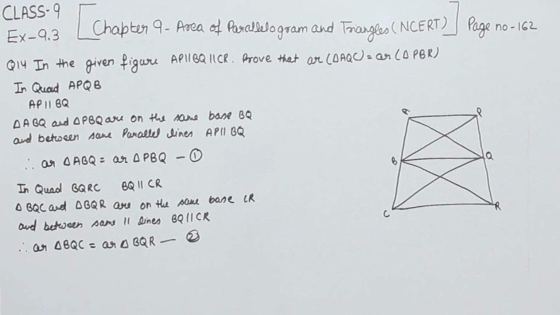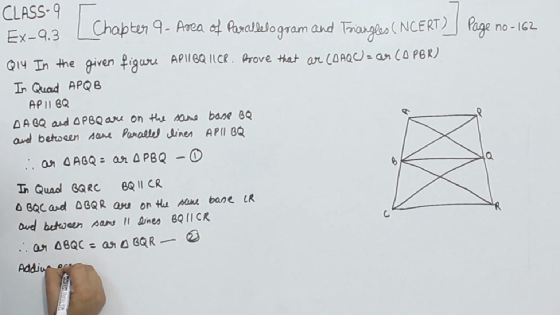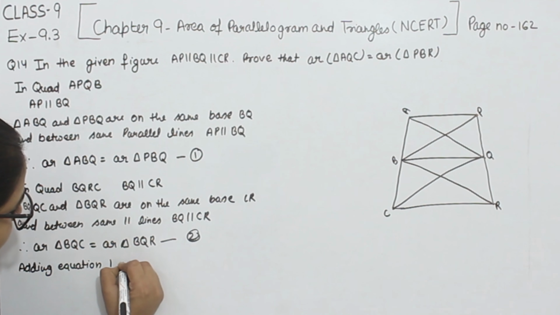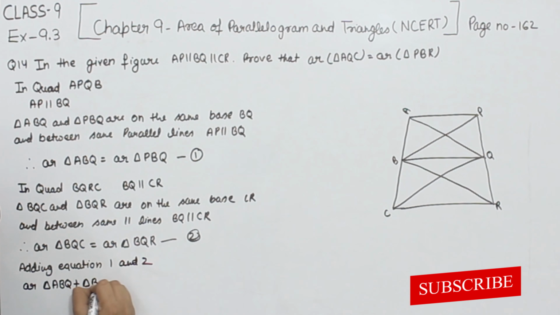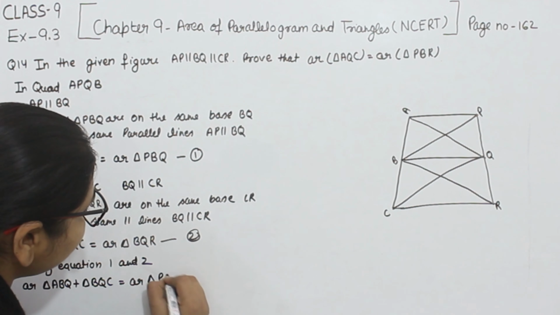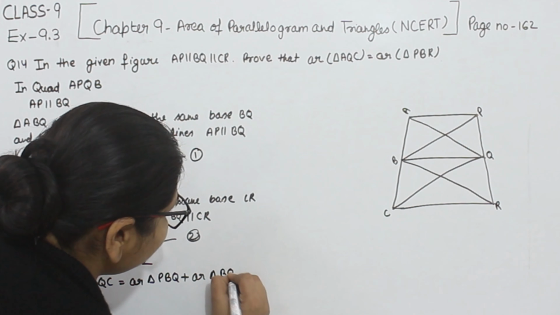Now we are going to add equation number 1 and equation number 2. If we add them, then the area of triangle ABQ plus the area of triangle BQC is equal to the area of triangle PBQ plus the area of triangle BQR.